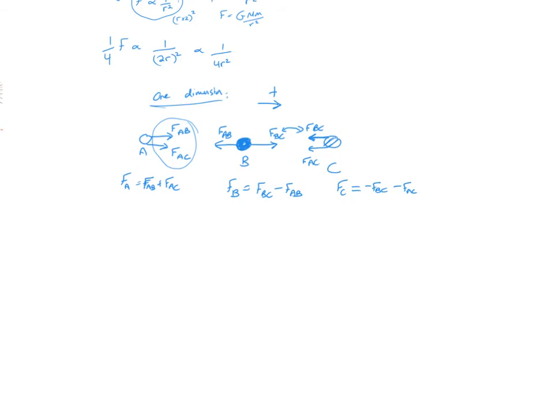So let's see, in this case, for example, let's say we had objects that are 90 degrees to each other. So let's say all these planets were 90 degrees to each other.